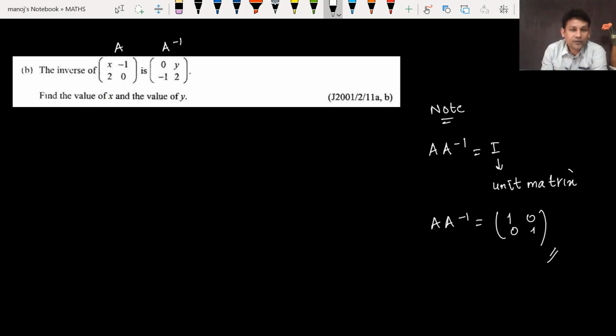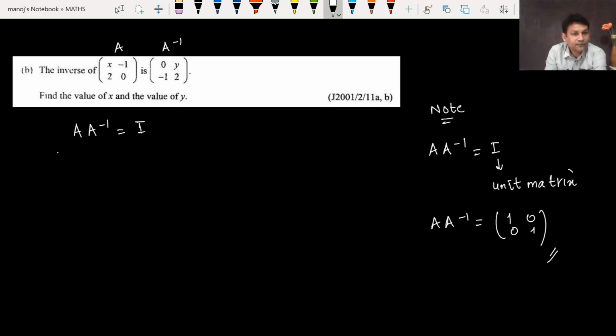There are 2 possibilities. Sometimes what the students do, the students find the inverse of this part and compare with this part. What's the method actually? They find the inverse of this part first, and then compare with this. But I will advise this. What you can do, you can write the condition that A multiplied by A inverse is always equal to identity matrix. Very simple.